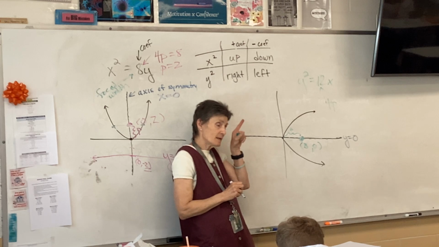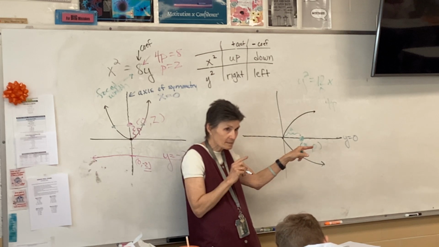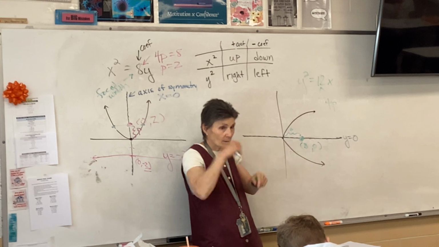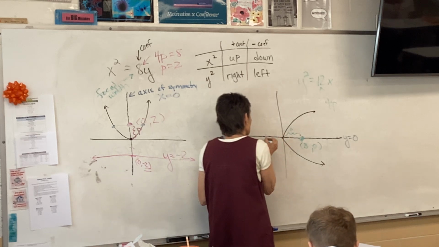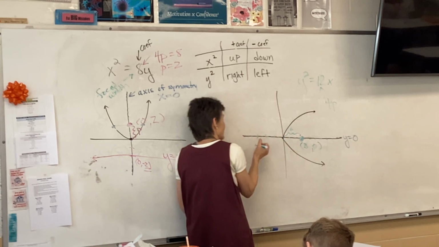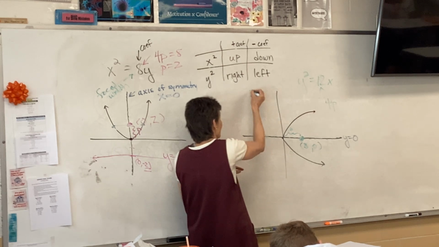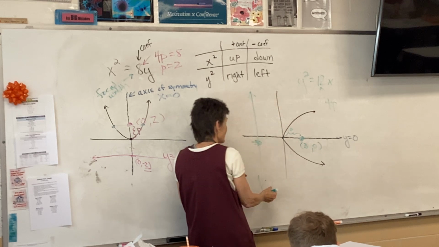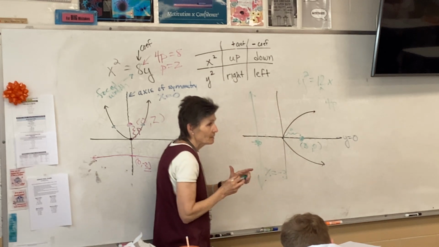And then, if I went that way 3 for my focus, I'm going to go that way 3 for my directrix, but it's a line, so you're all going to be tempted to say -3, 0. I get it, but that's not it. X equals. This is it. And that is the equation where x equals -3.